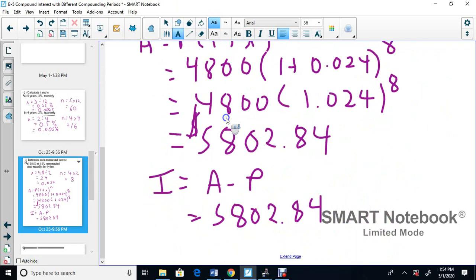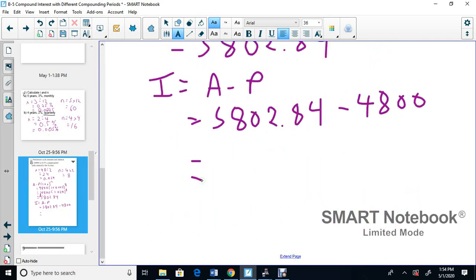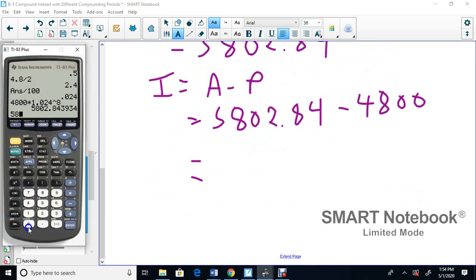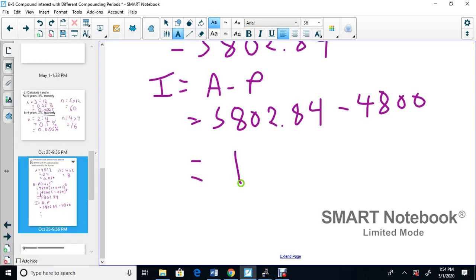So we're going to subtract 4,800, and we're going to use our calculator. 5802.84 subtract 4,800, and you get $1,002.84. Okay, let's go on to the next question.